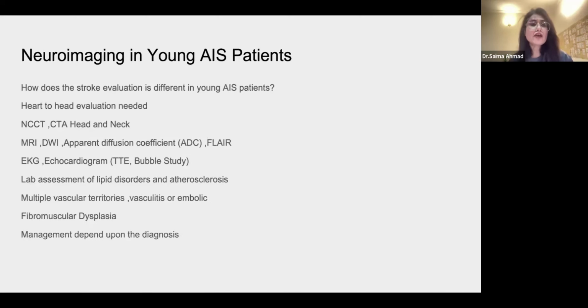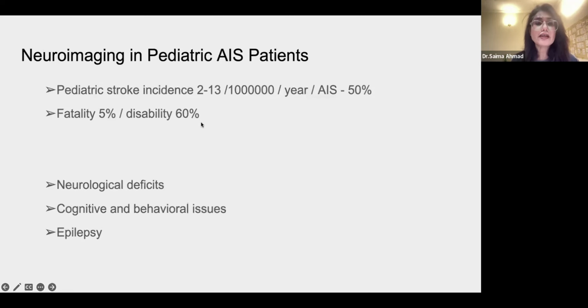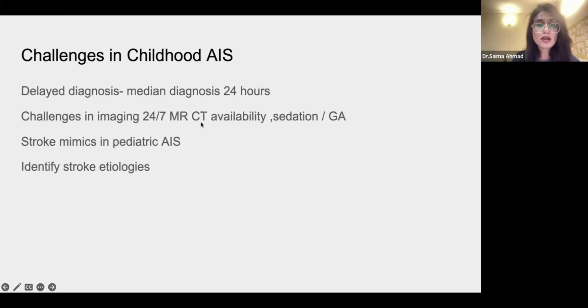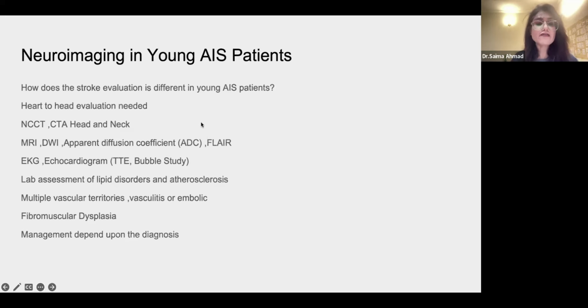Now there are a few points regarding neuroimaging in different populations, like in young patients. If a young patient comes with acute ischemic stroke, we need to find out everything, from the head to the heart.